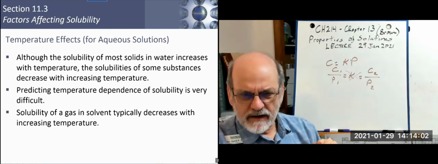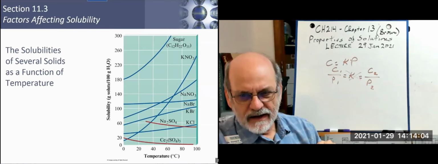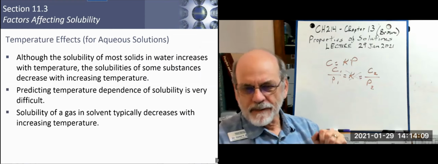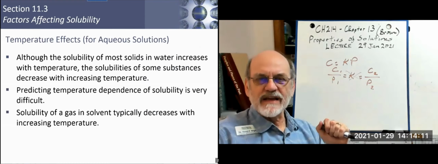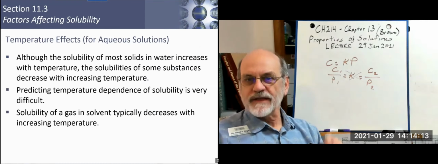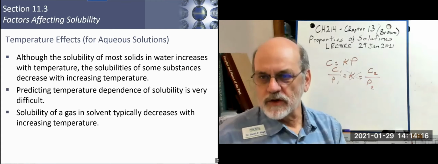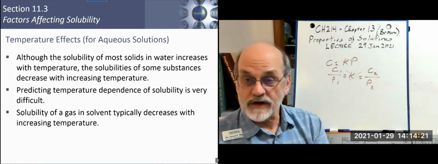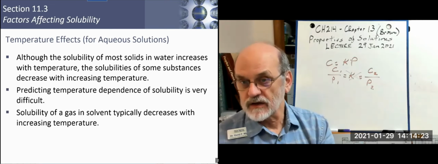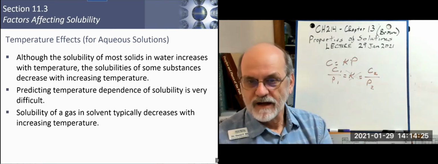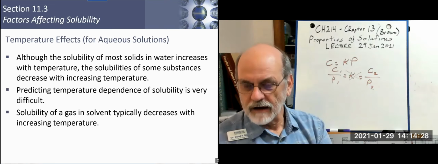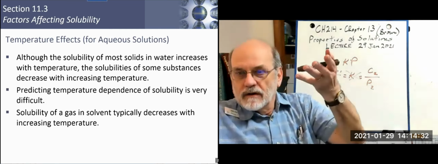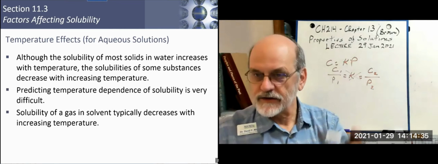Now let's see if we're going to get an explanation for that. So why would gas be less soluble? Think about it. What are you doing when you add heat to a solution? You're increasing the kinetic energy of the molecules. For the solvent, that increases its vapor pressure, the amount of water that's leaving the surface.